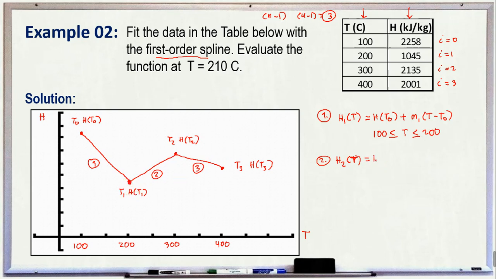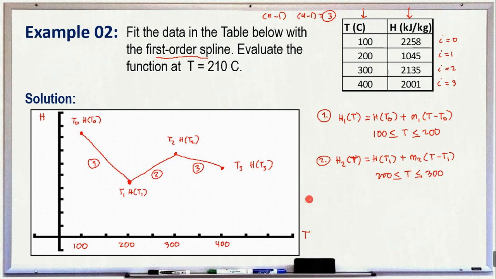So we put h of t1 here, plus this time not m1 but m2, because the slope of line 2 and line 1 are different, times t minus t1, on the interval 200 less than or equal to t less than or equal to 300.